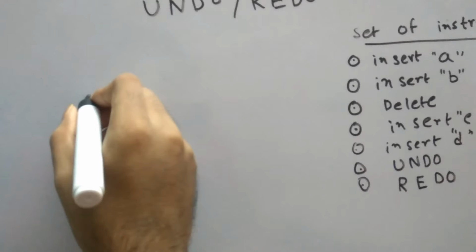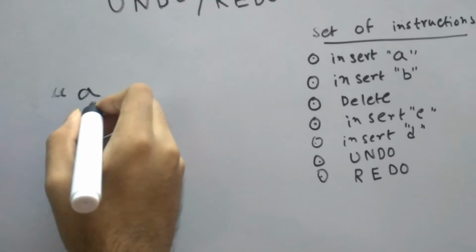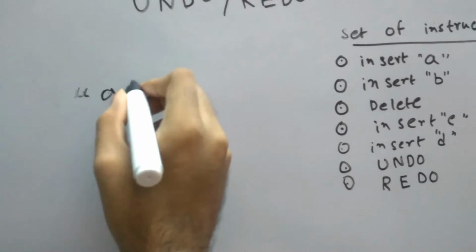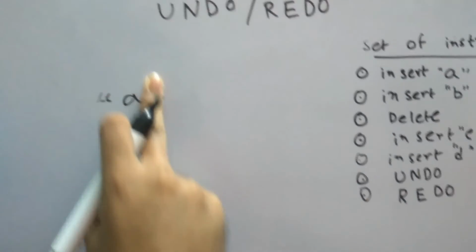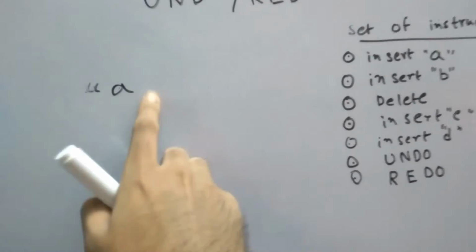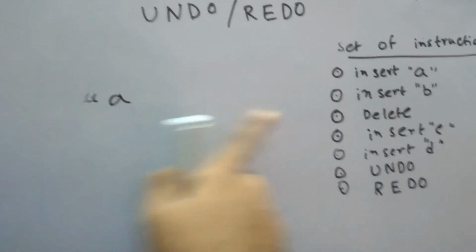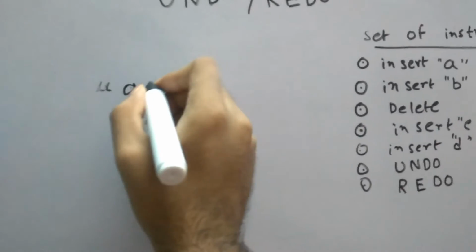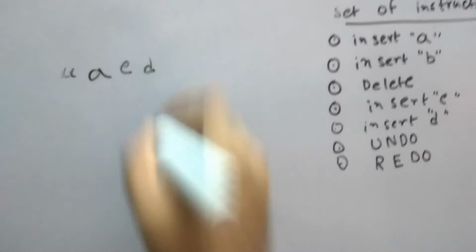We have an empty string where we first insert a, then insert b, then delete b. Delete basically means, for this example, that the delete keyword will delete the last element from the string. So delete will delete b, then insert c, then insert d.